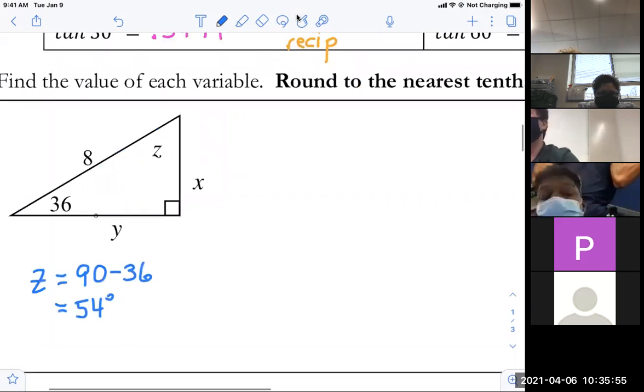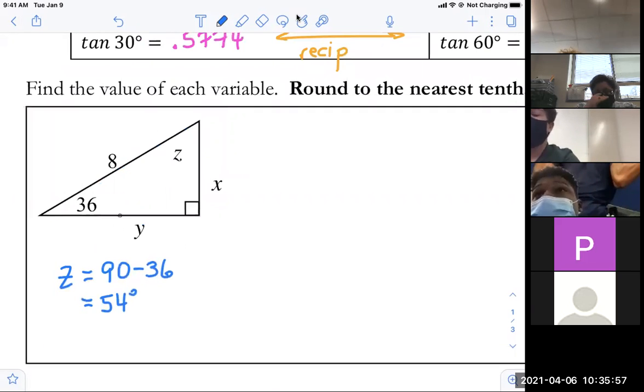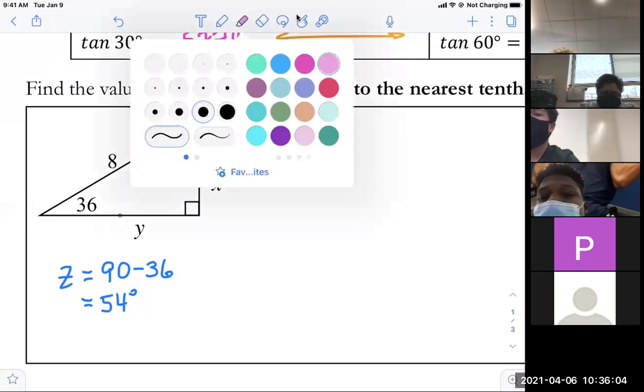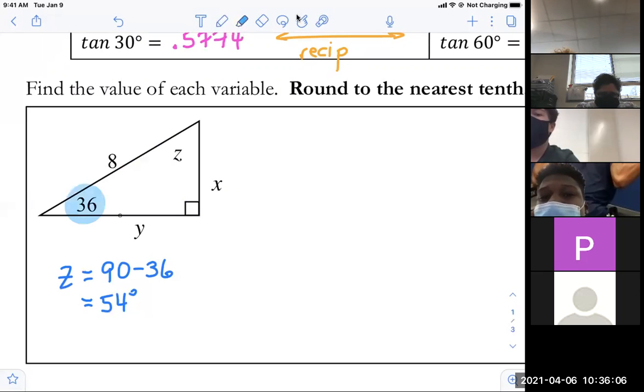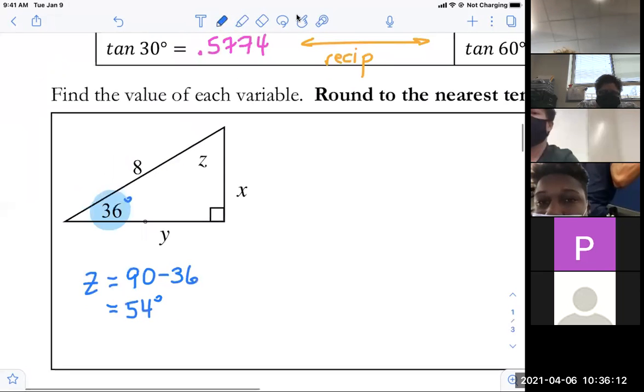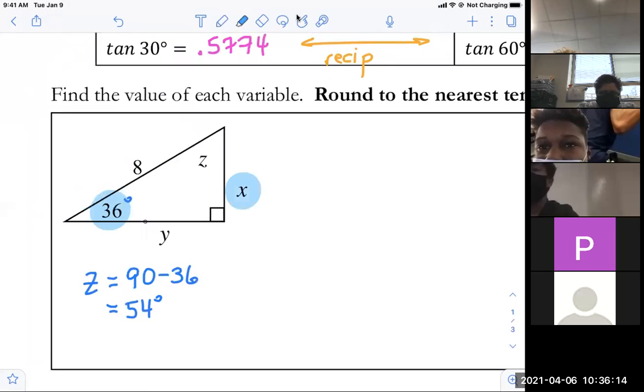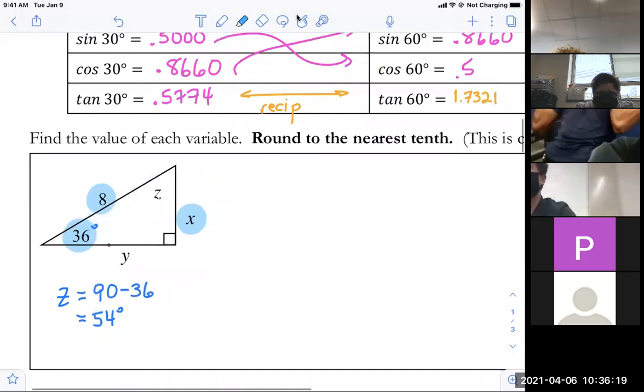Okay, now, when you go to do the x or y value, I'm going to use the value that was given there. So I'm not going to use the 54. I'm going to use the 36 degrees that was given. To find x, we need x in the equation, and we need to use the side length that was given. Now, this is how you set these up.